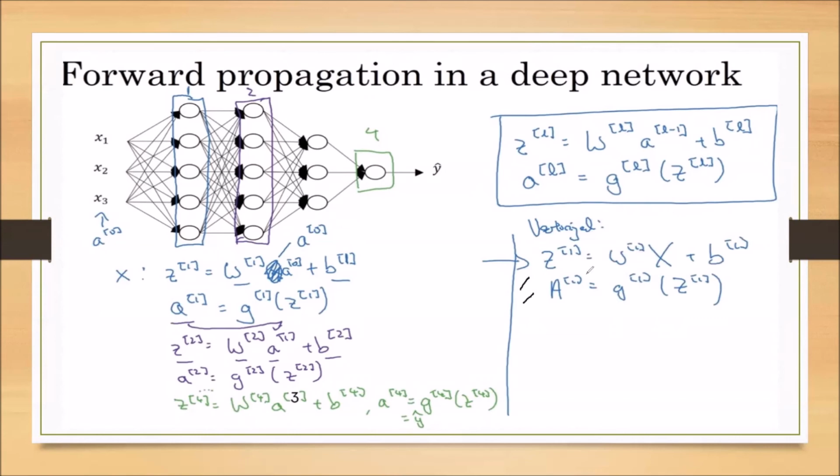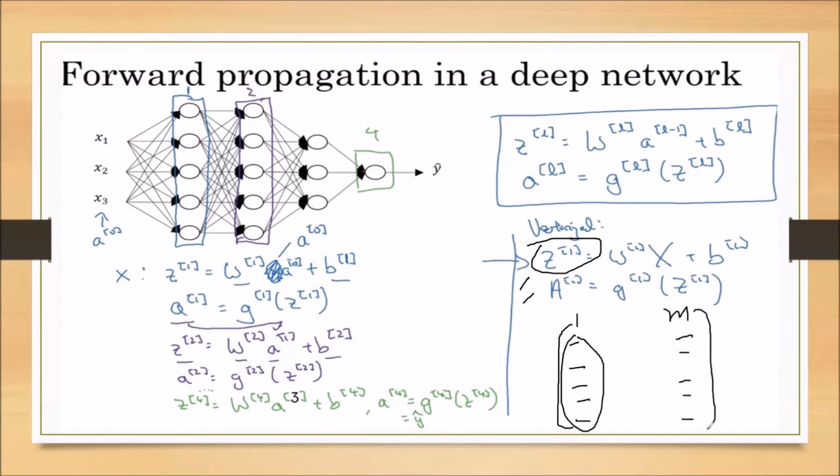As we already discussed, capital Z1 gives all the Z values of all training samples of the first layer. So if the first layer has 5 activation units, in the first column we get the Z values of the 5 activation units, and in the mth column we get the Z values of the first layer activation units for the mth training sample.